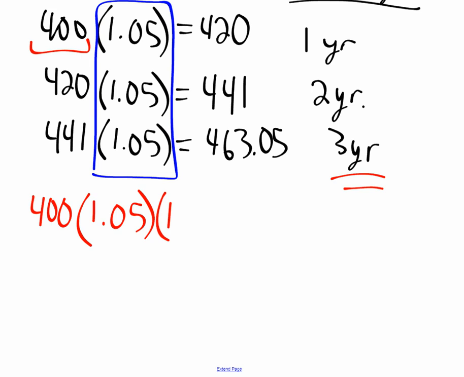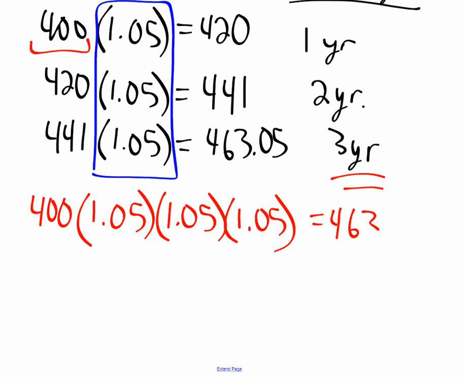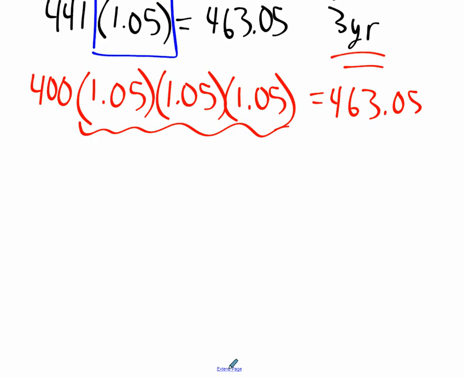So since I want 3 years, I'm going to do it 3 times. And this will give me $463.05. But if I want to do this 10 times, who wants to write this 10 times? So we still want a better way.